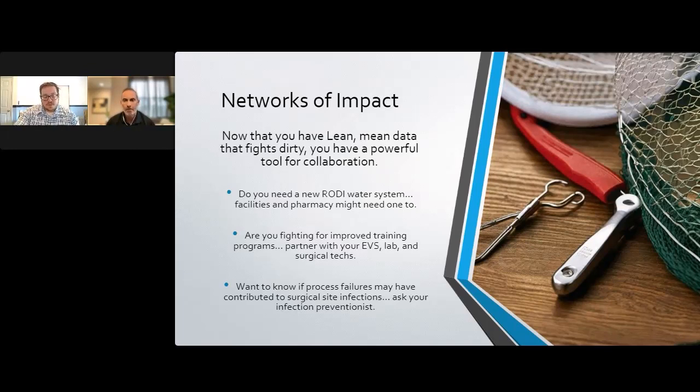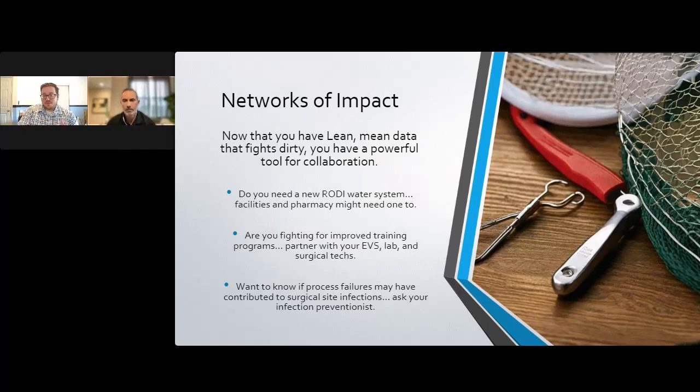I would always start in-house. We were, again, lucky. We had some data analysis folks who were really good about building these and formatting them in a way that the C-suite was used to seeing them. If that's not a group you can talk to, or if they don't have the bandwidth to take on an SPD, I would say start with your quality department, your regulatory department, or your infection prevention group.